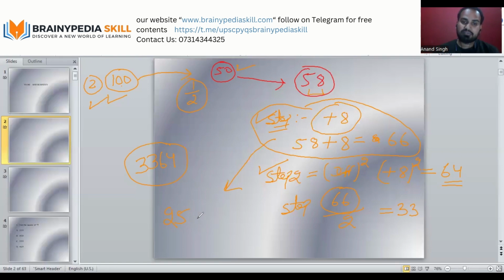So whatever the difference between the numbers, add or subtract on 25 only, right? Let me change the color, right? So plus 8, what number will I have? 33, and the square of the difference, which is 64. Again we have the same number. See, both the methods are possible. Without pen and paper you can do this calculation in your mind, right? It is not so difficult, right? You just need some practice of these types of questions, and it can be done very easily, right?